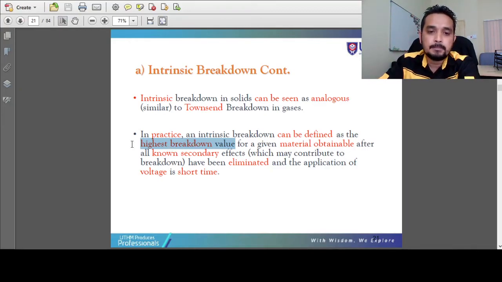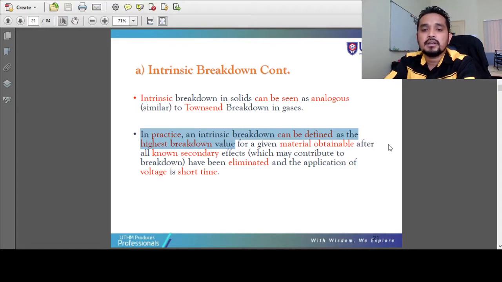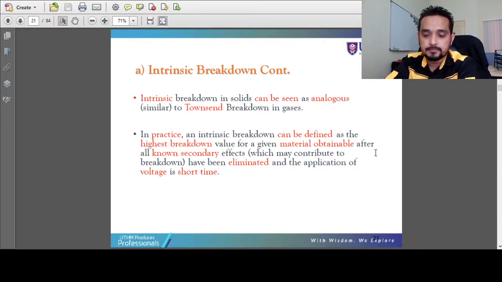Say for intrinsic breakdown to happen, maybe about 100 or 1000 for example. But if it is not intrinsic breakdown, it could happen as low as 100, 200, 500, and even 50 for example.